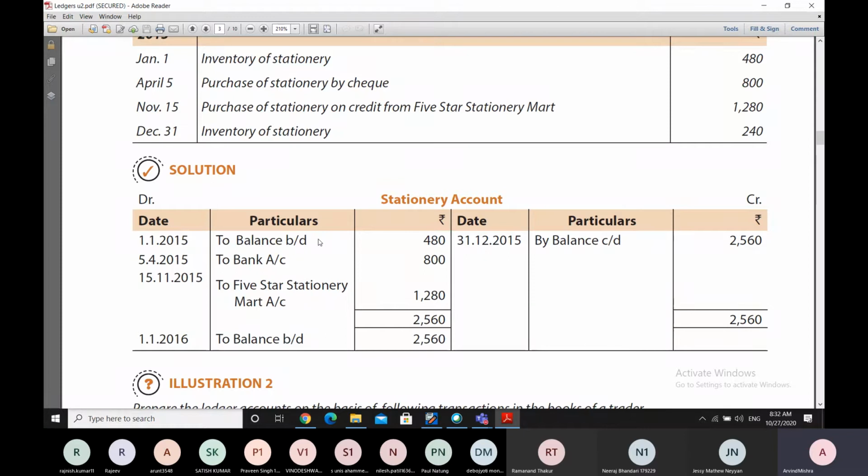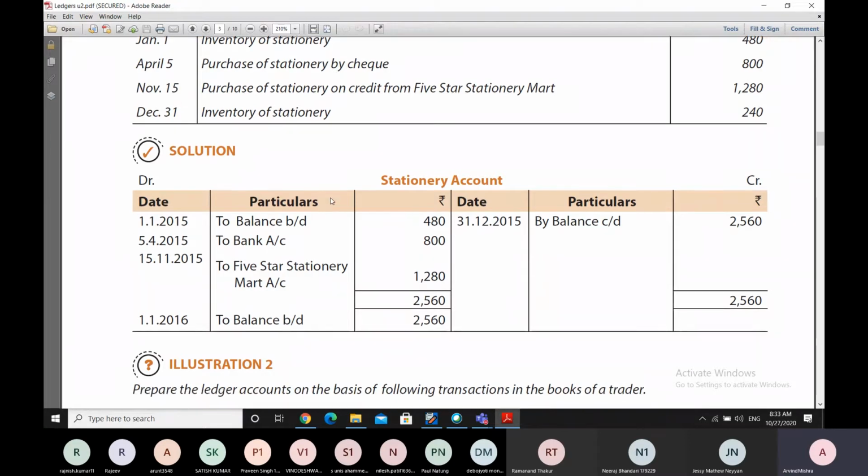Because it is an opening balance and it is a debit balance, whenever a debit balance is entered as the opening balance, it is entered on the debit side. So the debit balance is entered here on the debit side by making an entry called 'to balance brought down'.